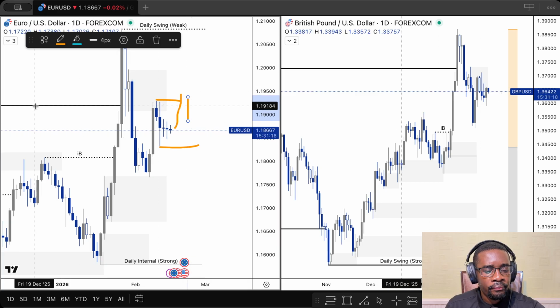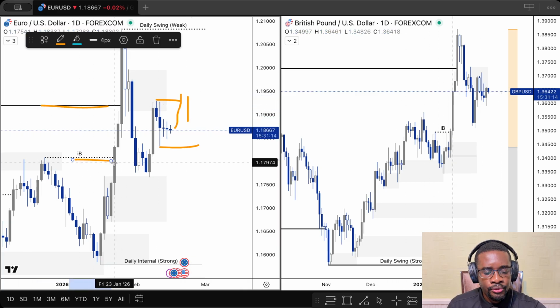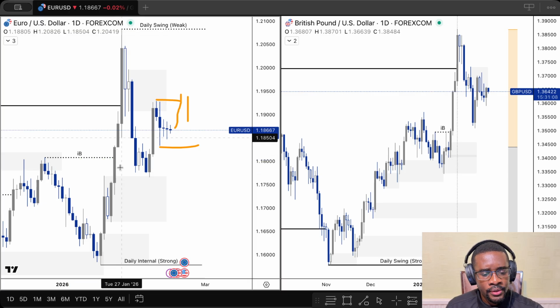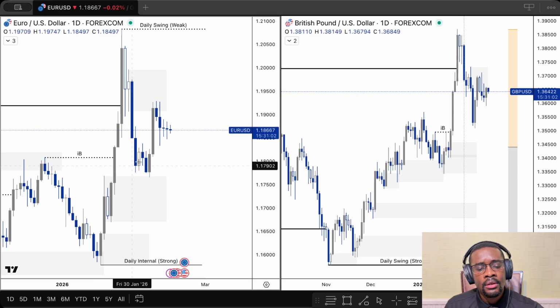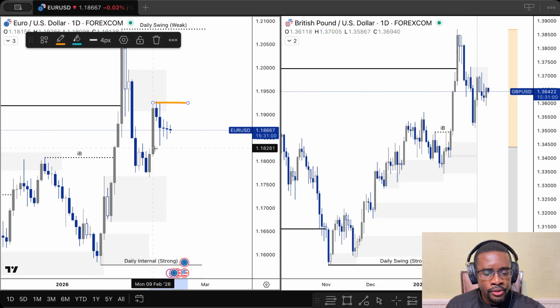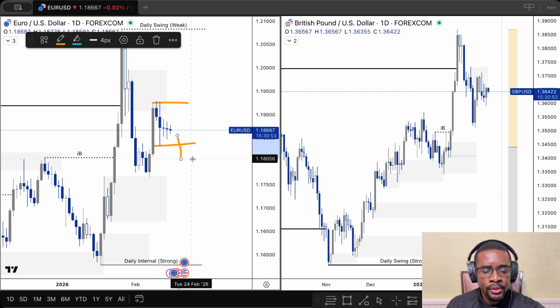Remember, from a swing and internal perspective, we are still very much bullish on the Euro USD. So we're just being aware that we are still bullish. From here, we might break out to just sweep these lows and then continue bullish.